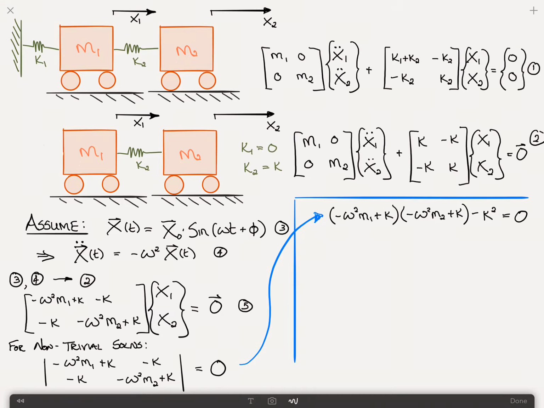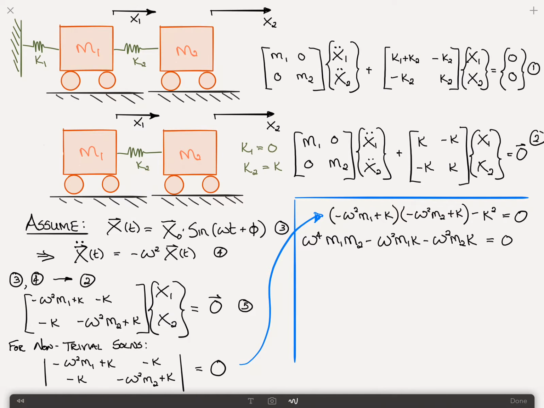If I expand that, I get omega to the fourth times m1 m2, minus omega squared m1 k, minus omega squared m2 k, and then I get plus k squared minus k squared. Those cancel, so this is just equal to 0.